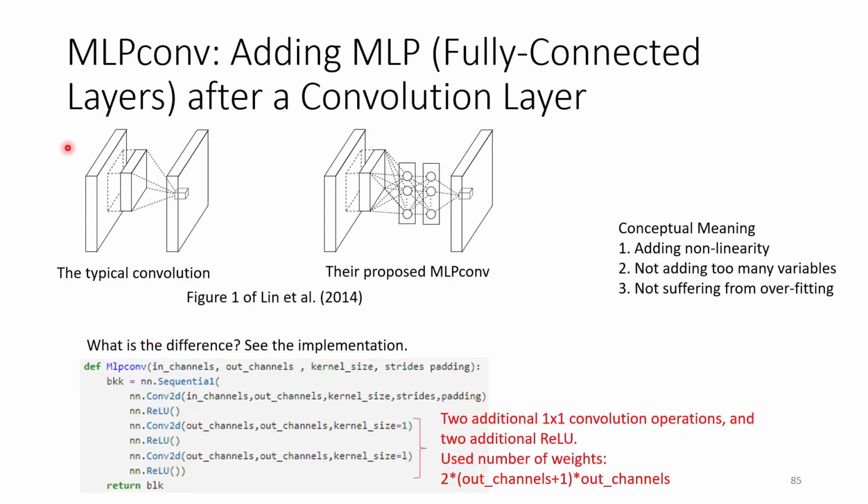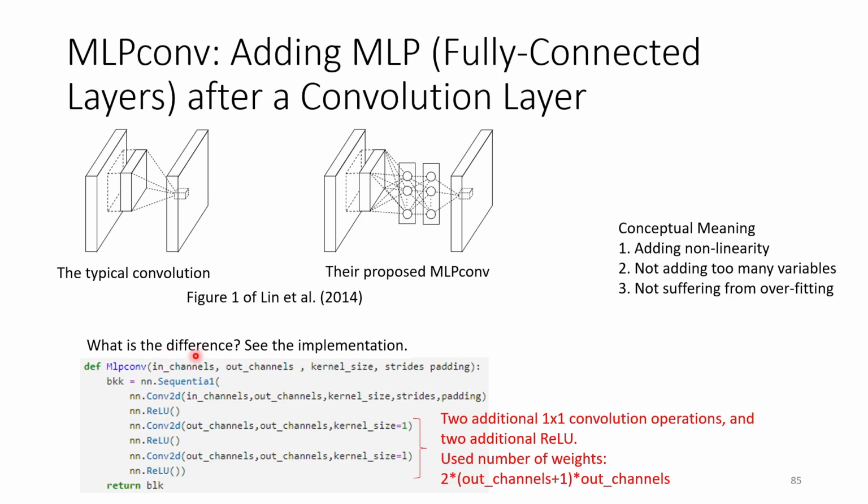This is a typical convolution kernel. Given an input layer, you use a convolution kernel, so you can generate the new value of the next layer. And they propose, after the convolution, adding 2 1-by-1 convolution kernels to generate the new values.